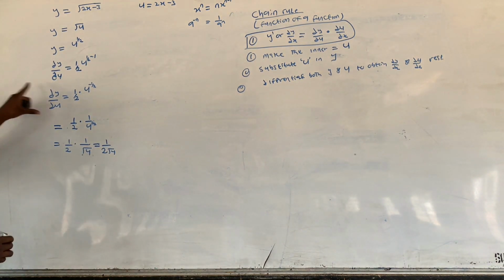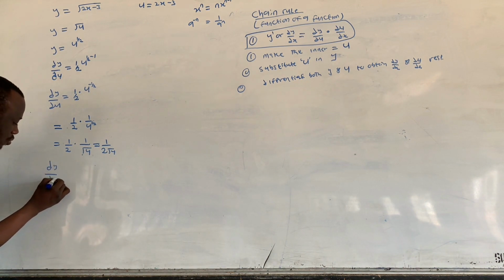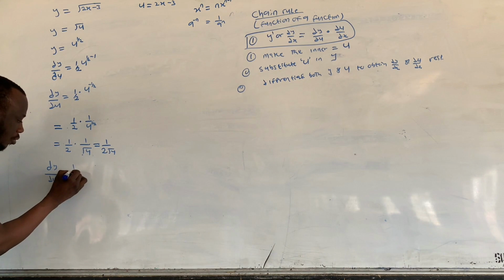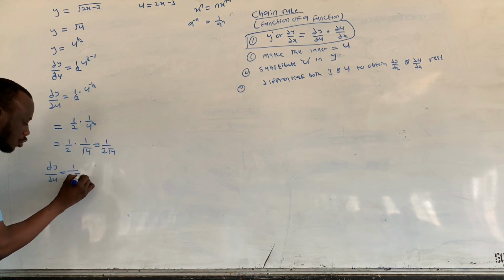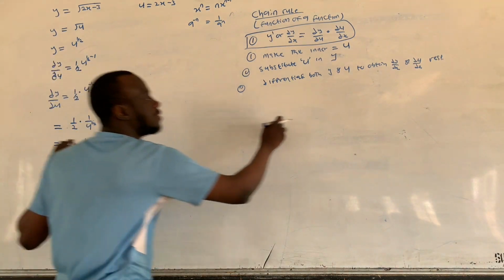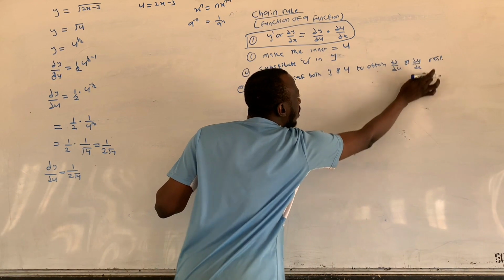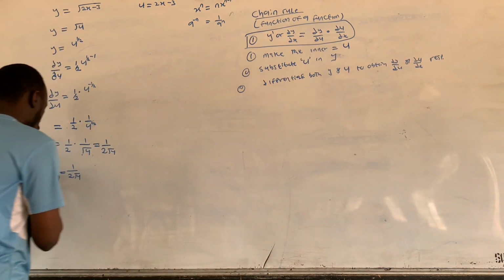This means that our dy over du equals 1 over 2 root u. Now this is our dy over du.